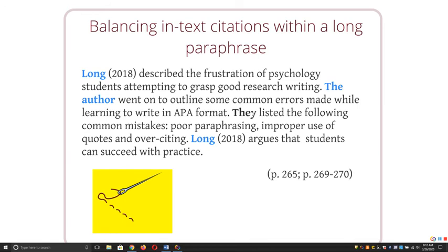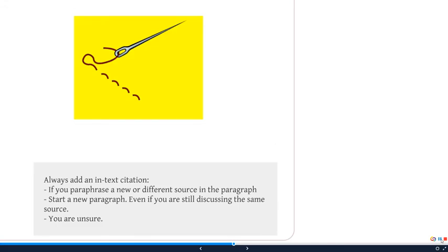Now, there are some things to keep in mind when doing this. One thing to keep in mind as you're moving through and doing an in-text citation is that sometimes there are times when we do need to reestablish the in-text citation.